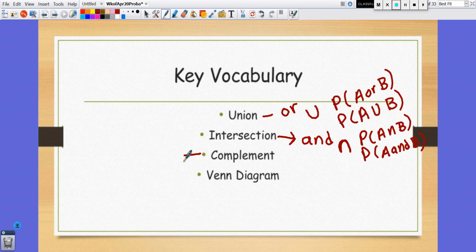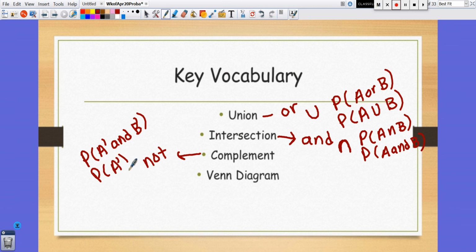Okay, complement, and there are lots of ways people write this. Complement means not. It can be written as not A and not B, or it can just be written singular. This little symbol up here means not.